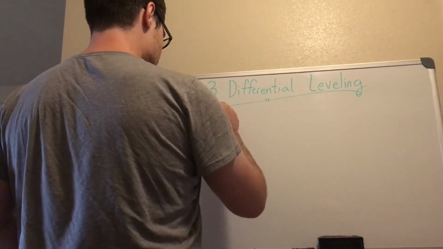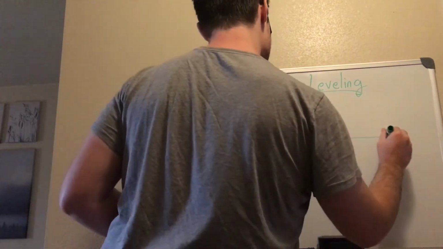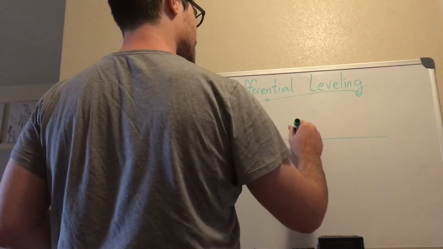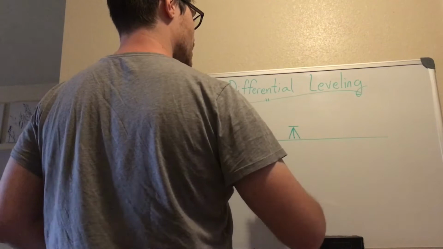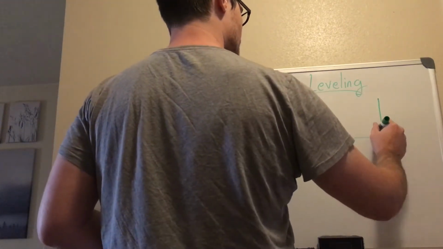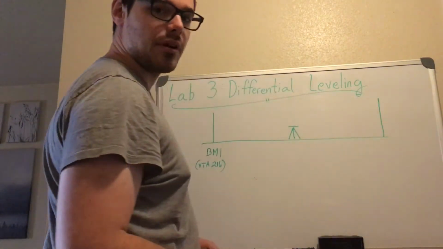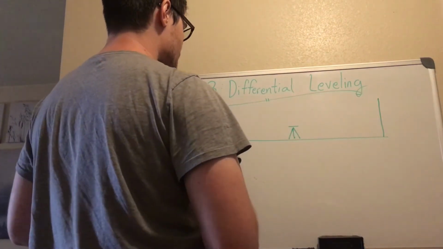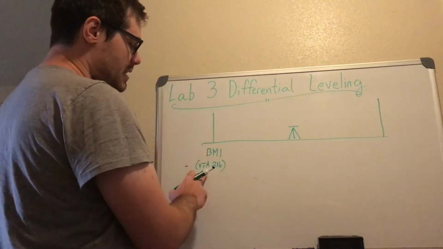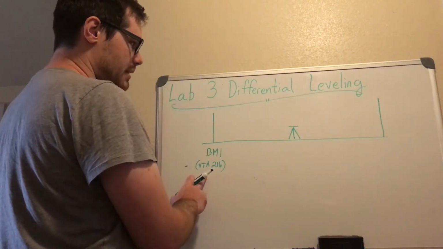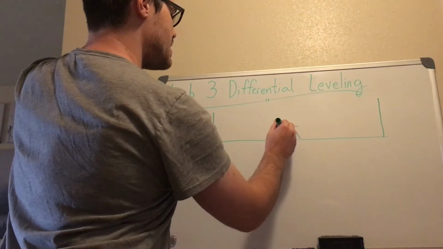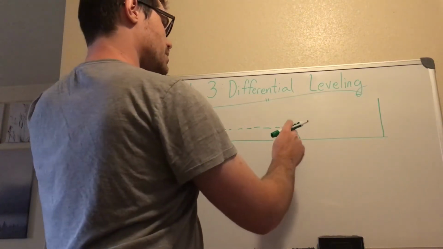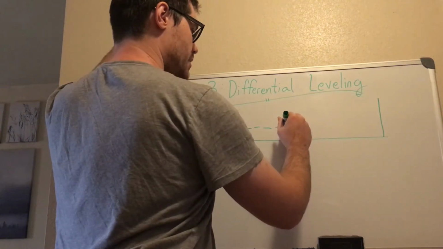Okay? So we would have our surface here. We put our Philly rod here. Set up our level there. And then somewhere we have another Philly rod that we're going to walk over to set up and take a visual of. So, if this is our VTA 216 benchmark that we talked about in the last video, if we sight this in, okay, we know that we have multiple variables here that we can label.